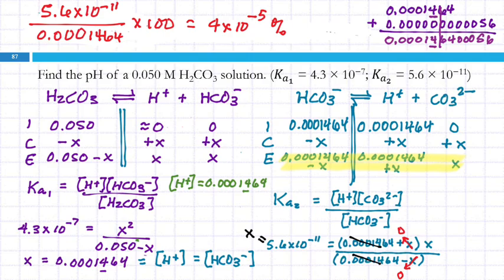So then to find the pH, here's our hydrogen ion concentration. We're going to take the negative log of that. pH is 3.8345. 2 sig figs, so 2 decimal places on the pH.